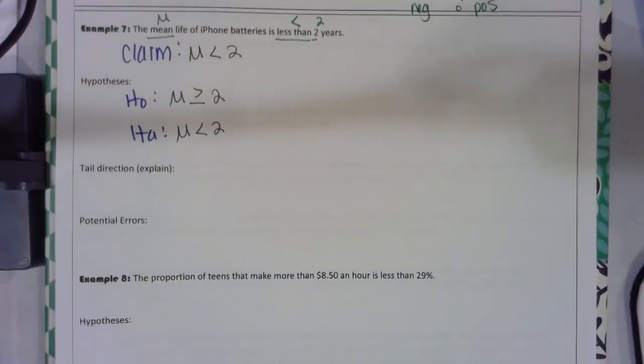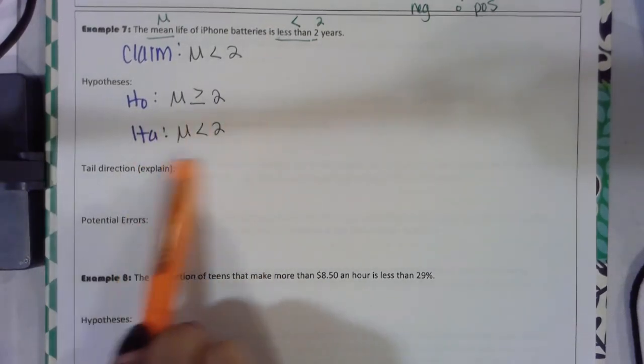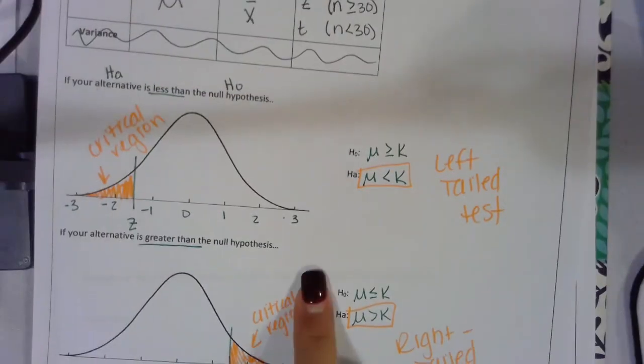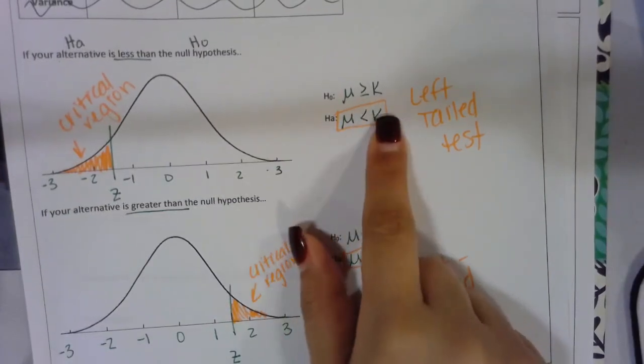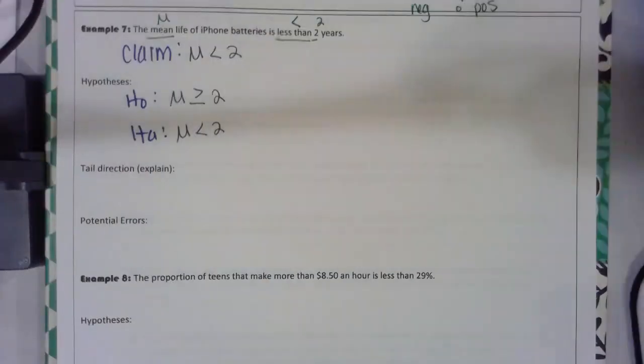Alright, so looking at this, tail direction. Remember, your tail direction goes back to your null hypothesis. Looking at this null, we have mu is less than a number. So looking back here, mu is less than a number. It matches, so you're automatically left-tailed.